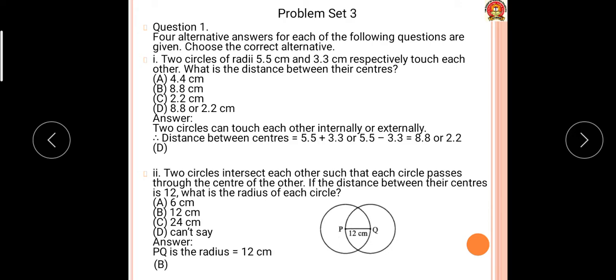Now, what is given? Distance between them is given. P is a center and this circle is passing through the point Q, where Q is the center of the other circle. So PQ is the radius of this circle, as well as QP is also the radius of the other circle. Means both circles have the radius 12 centimeter, and therefore the answer is B.